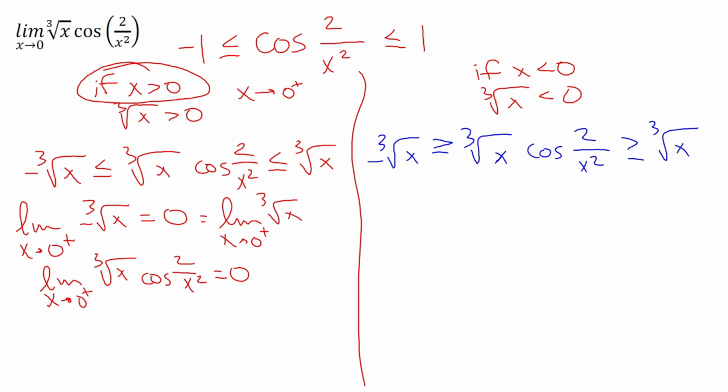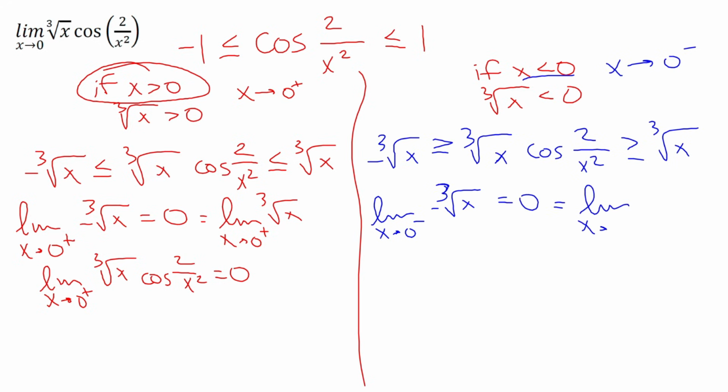And on this other side, we'll have to do a limit as x approaches 0 from the left, because x is less than 0. We can only approach 0 from the left-hand side. So we have the limit as x approaches 0 from the left of negative cube root of x, which is 0. And that's the same as the limit as x approaches 0 from the left of the cube root of x.